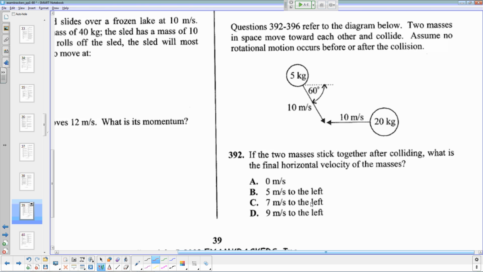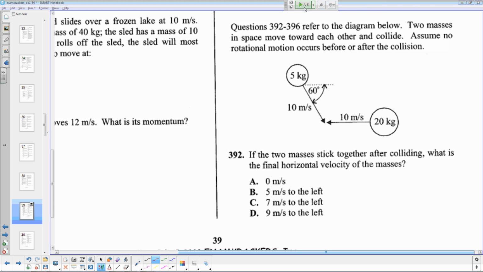I have these two balls that are going to collide, and one of them is at an angle of 60 degrees below the x-axis. If they stick together after colliding, what is the final horizontal velocity? So what is the velocity in the x direction?